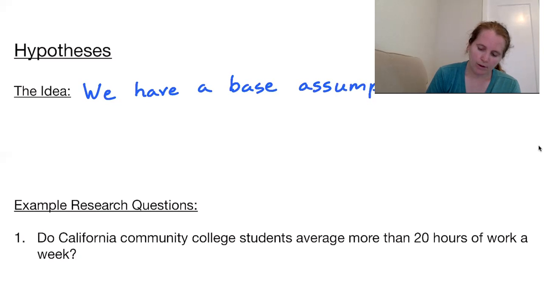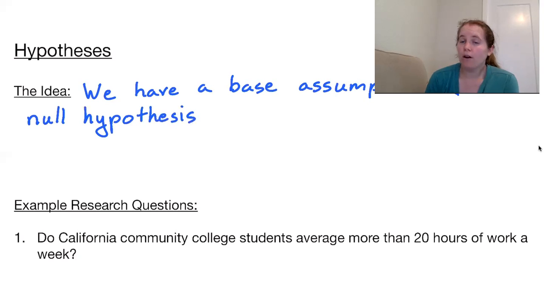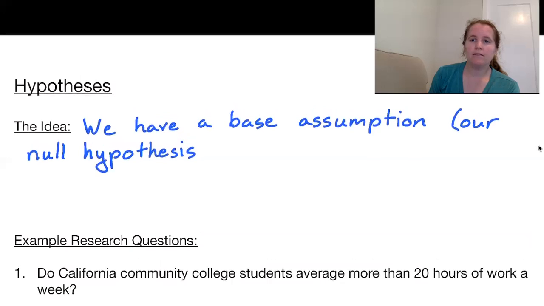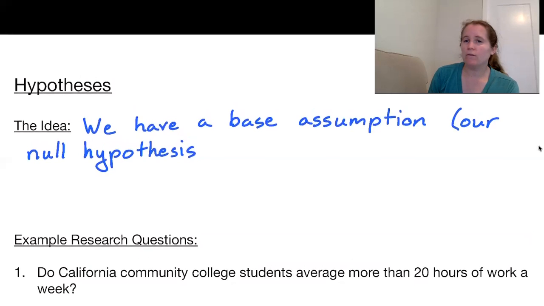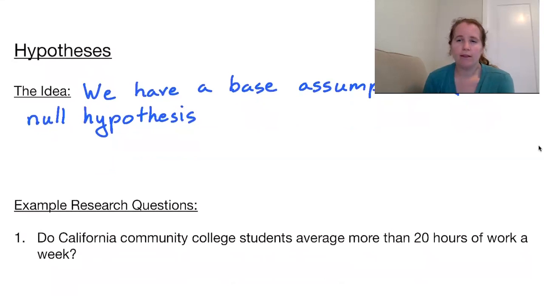So the idea is we have a base assumption, which will be our null hypothesis. And then we also will have sort of a hunch for which side we think it might lean towards instead.